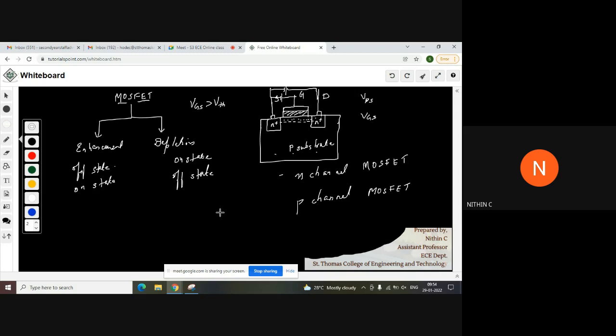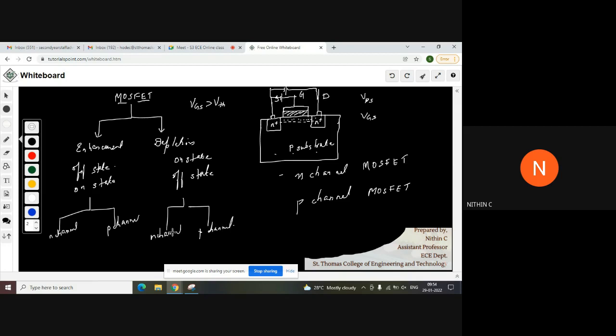The basic classification is that MOSFETs can be divided into 2 types, enhancement or depletion. In both enhancement and depletion, you can have N channel or P channel.